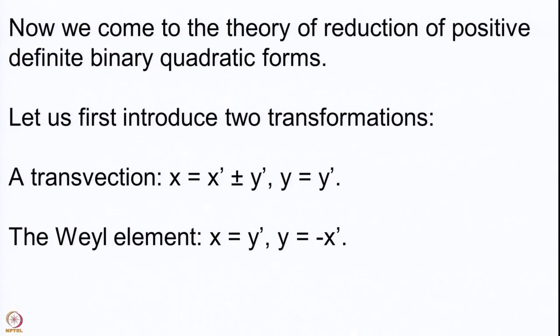And the second transformation that we want to introduce, for want of a better name, I will call it the wall element. So, this is written as 0, 1, minus 1, 0. The corresponding U is this matrix, and you will see that this matrix has determinant equal to 1.